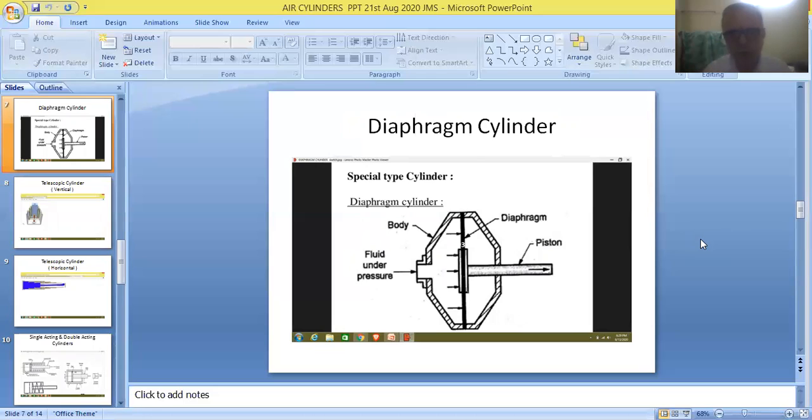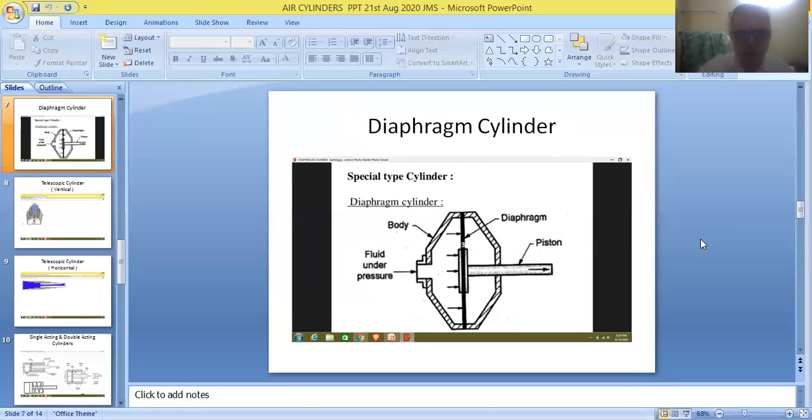So simply it is called a diaphragm cylinder. But this diaphragm will be covering small distances, so they are used only in special situations.